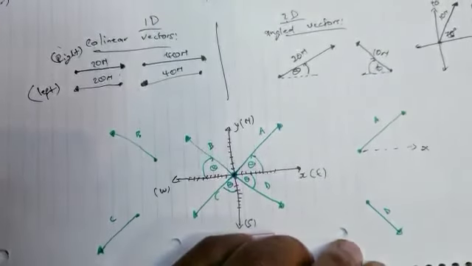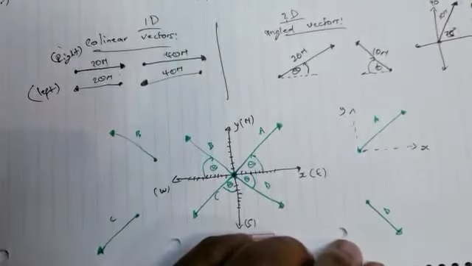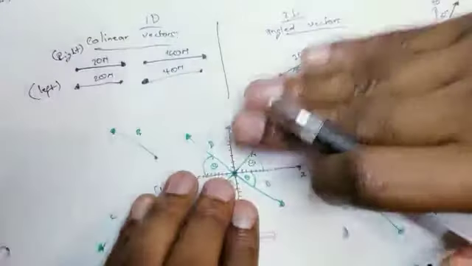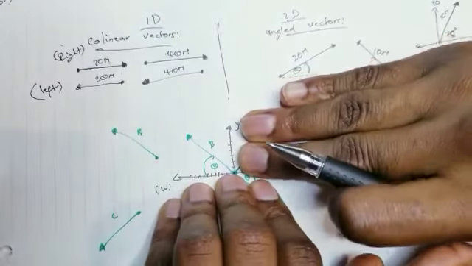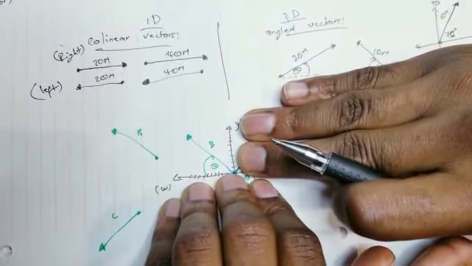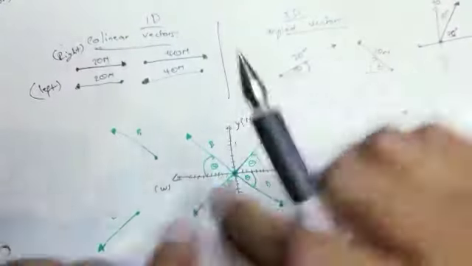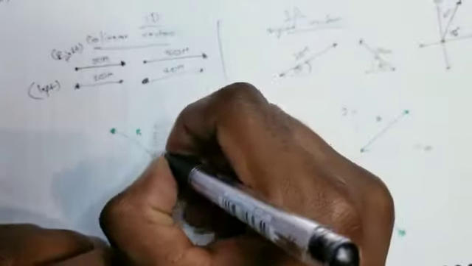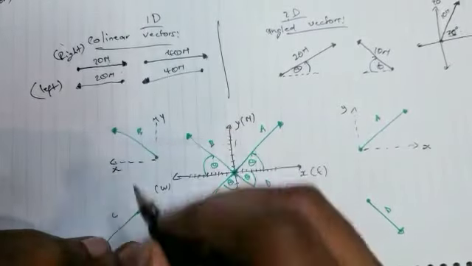This is the X component of vector A, this is the Y component. If you look at this one and you do that, you notice how the components are. This will be your Y component, that will be your X component. So if you see a vector like that, this is your Y component, this is your X component.